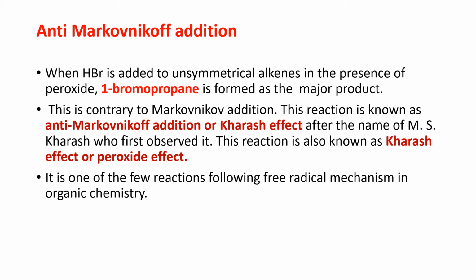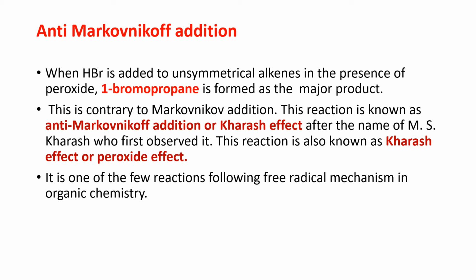Anti-Markovnikov addition. When HBr is added to an unsymmetrical alkene like propene in presence of peroxides like benzoyl peroxide, 1-bromopropane is formed as the major product, which is contrary to Markovnikov addition, and this reaction is known as anti-Markovnikov addition or peroxide effect or Kharasch peroxide effect.